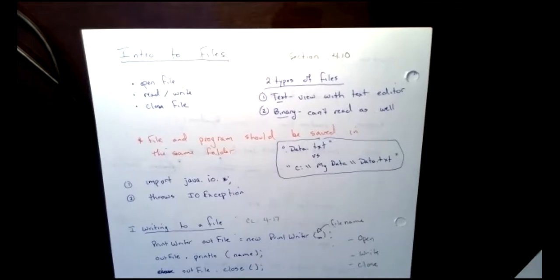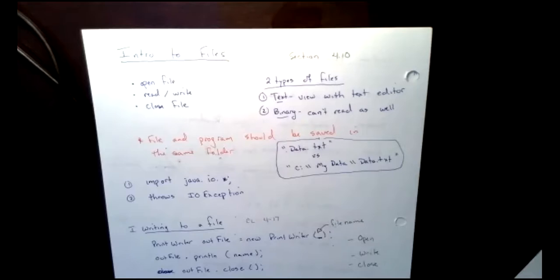So I want to be able to store it in a file separate and then be able to have my program use that data file, open it up, read to it, or prep it to write where I can save a whole bunch of information. So there are going to be times where you're going to want to write a program that works with a big data file.